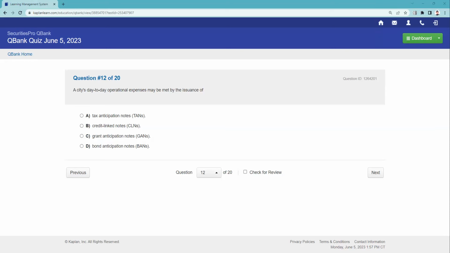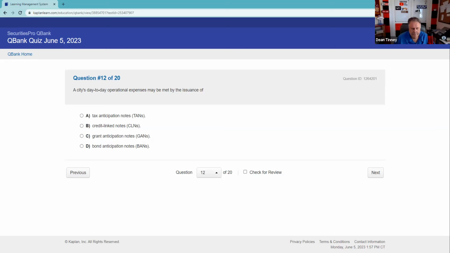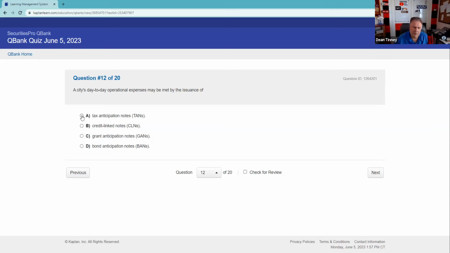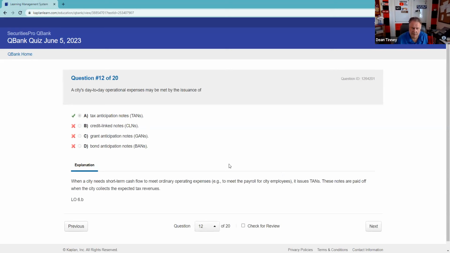I think it's either A or C. What's your flash response? A. Yeah, always go with your flash response. If you watch game shows, good test takers always answer quickly and they go with whatever their flash response was. So, excellent. That's the muni equivalent of borrowing against receivables. TANs do show up on the Series 7.